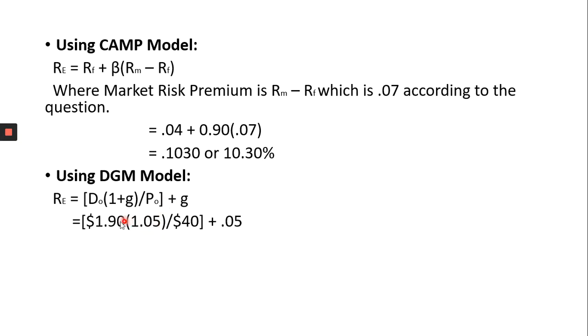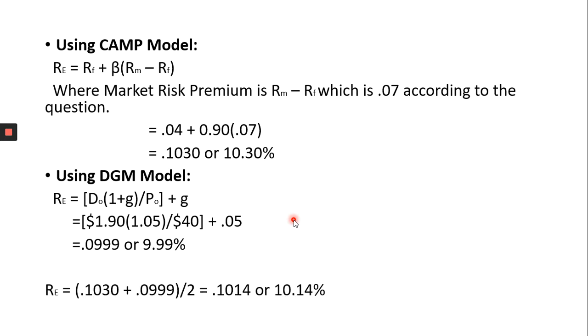If you plug those numbers in and solve it, you get 9.99%. As you can see, the cost of equity is slightly different between the two. So we will average them to find the cost of equity. In our question, the cost of equity is 10.14%. Thank you.